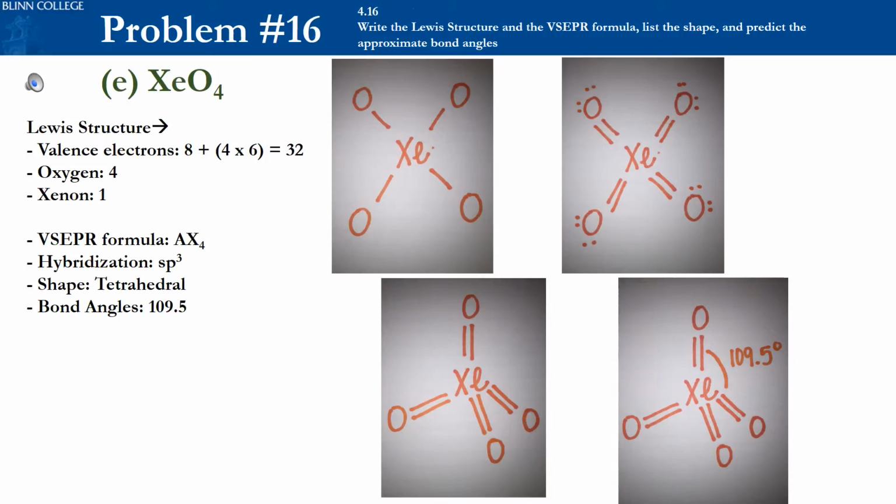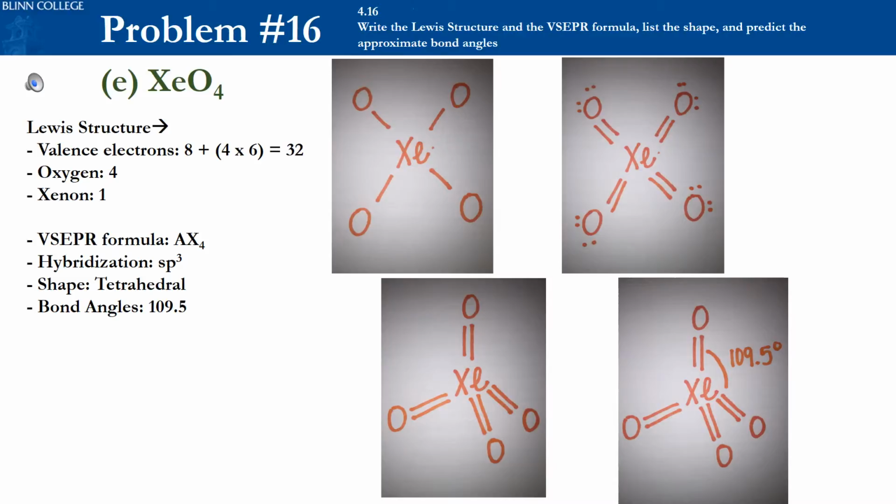For the VSEPR formula, it's going to be AX4, where A is xenon, X4 is 4 atoms of oxygen, and there are no lone pairs present on the central atom, so that's how you're going to determine it.